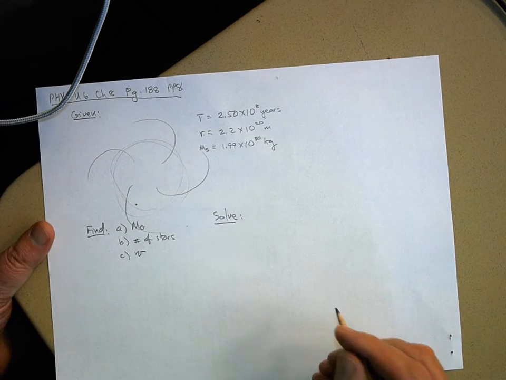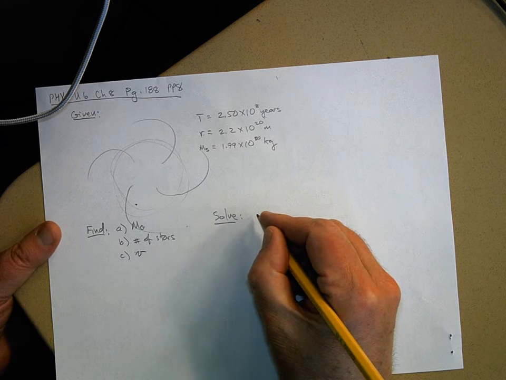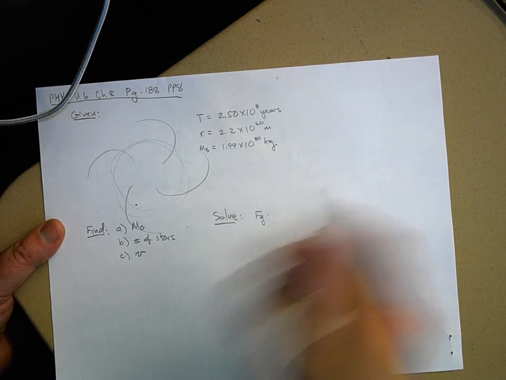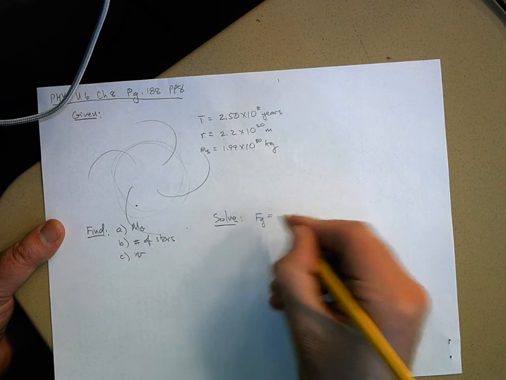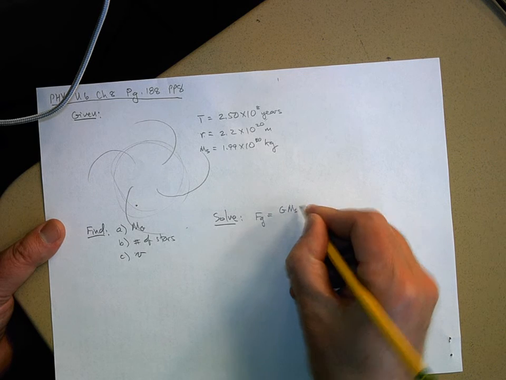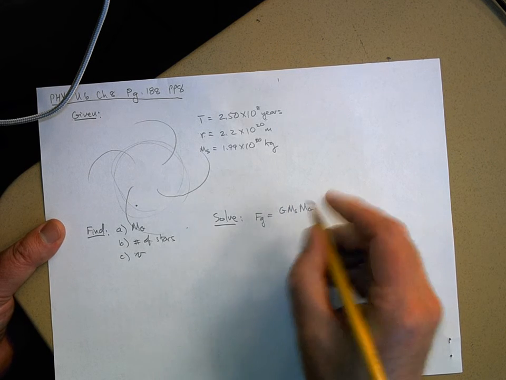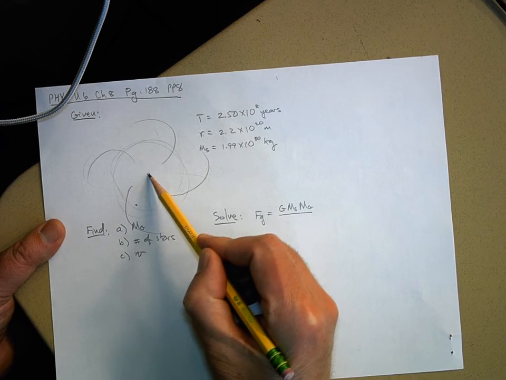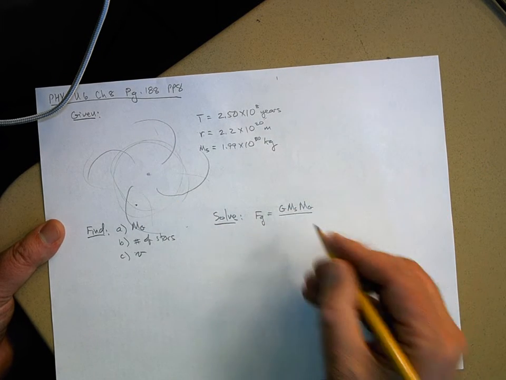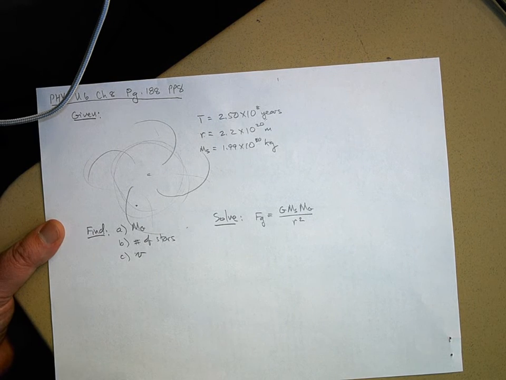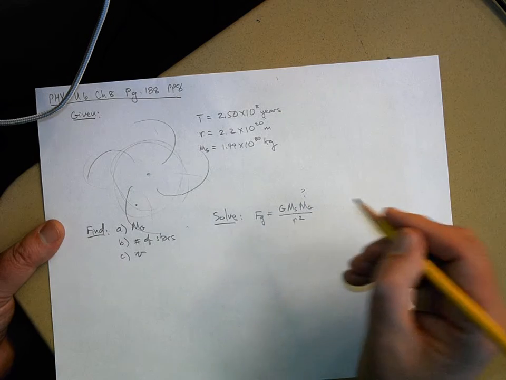Now, we know that the force of gravity between the sun and the center is equal to G times the mass of the sun times the mass of the galaxy over r squared. We're going to assume that all this mass is concentrated right there in the center. The mass of the galaxy is what we're trying to find.